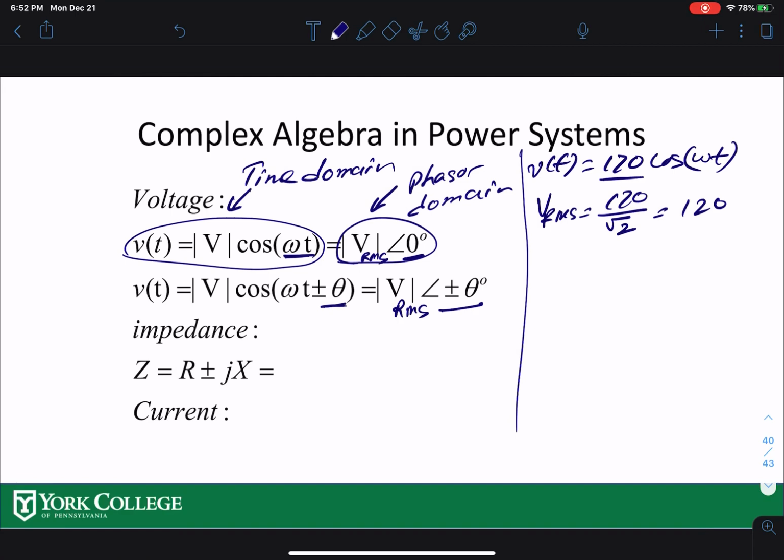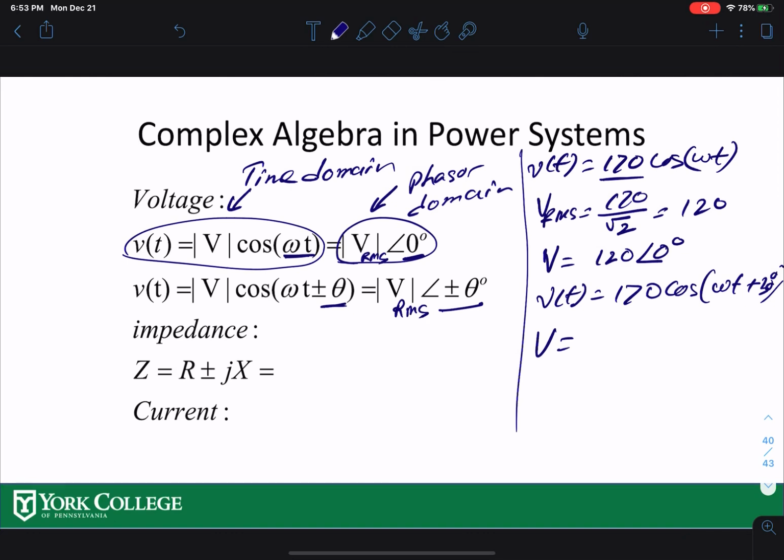Right? So now, if we're trying to find the phasor domain value over here, that would be V. So it is 120, and there's no reference angle here. There should be 0 degree. Right? So now let's say I have another signal, 170 cosine omega t plus 30 degree.